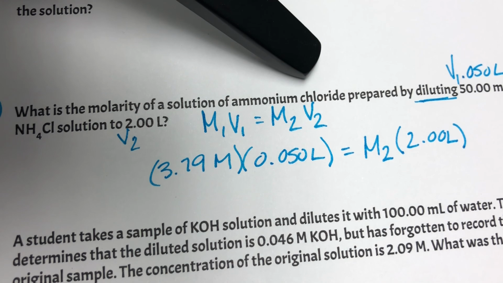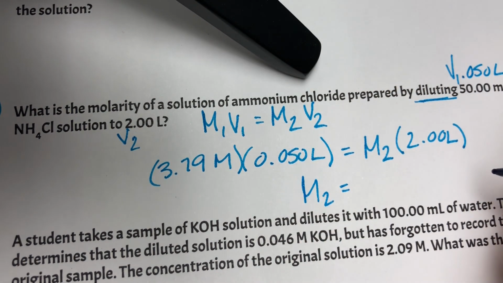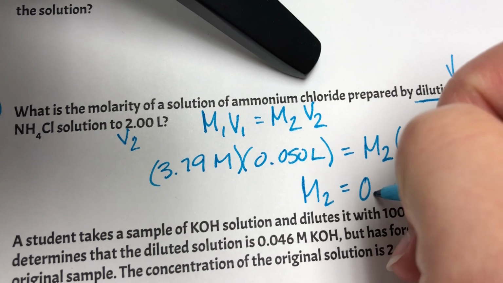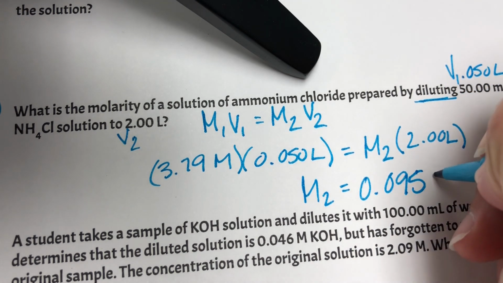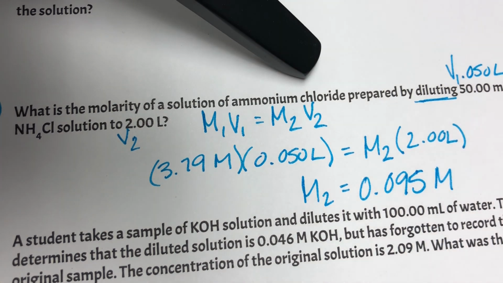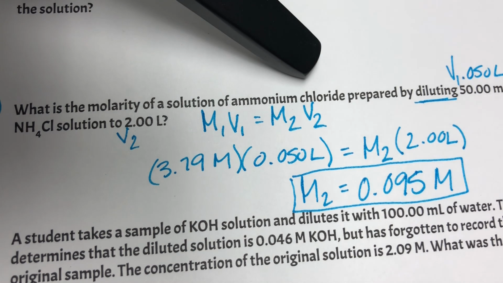So I'll do 3.79 times 0.05 divided by 2. So my new solution would have a molarity of 0.095 molar. Okay, and that's how you do a dilution problem.